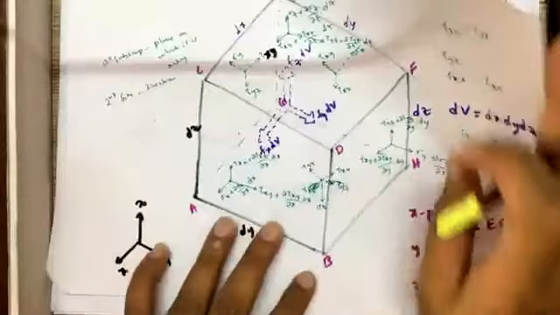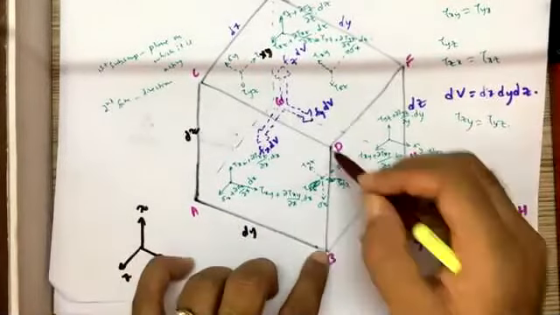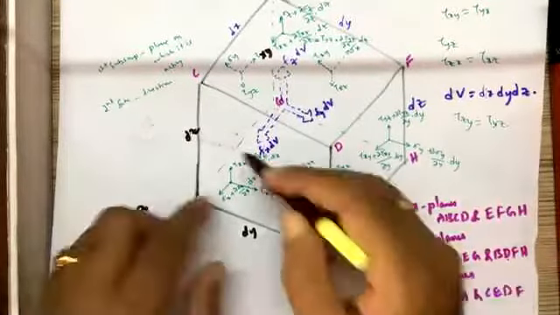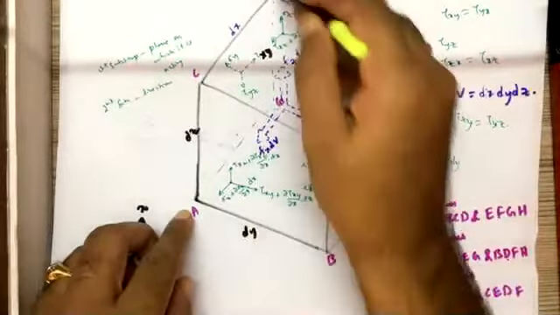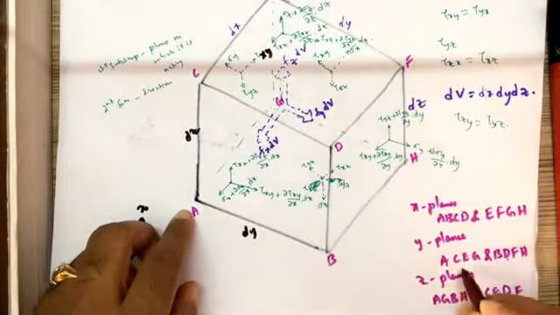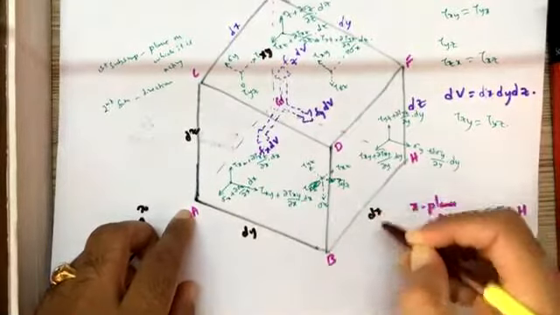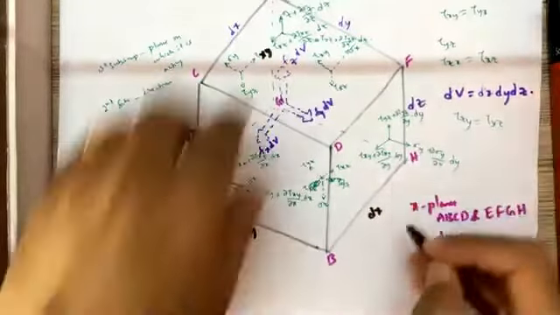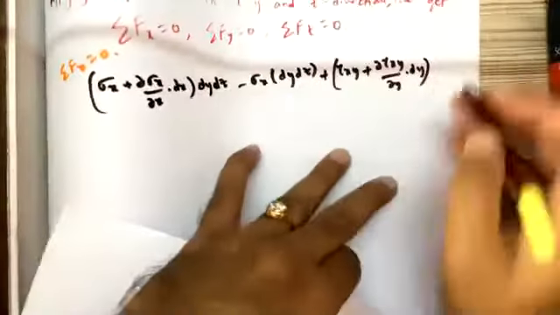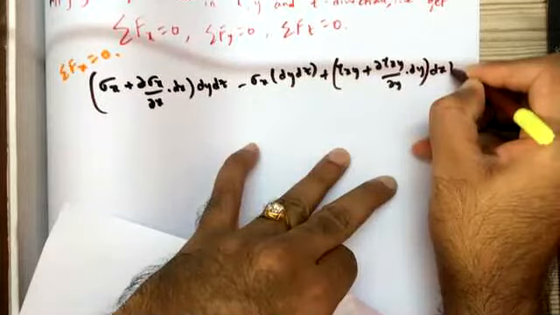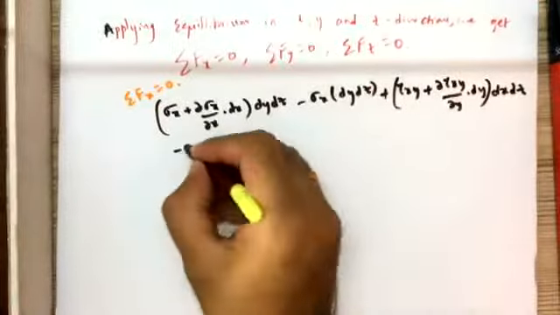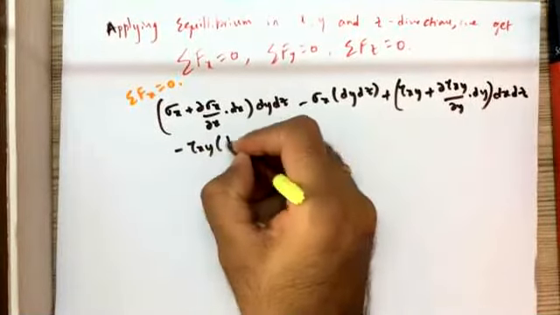But again, if you want to look, the faces BDFH or ACEG are the two faces in the y direction. This is dx and this is dz. So dx into dz, and minus tau xy into dx into dz.